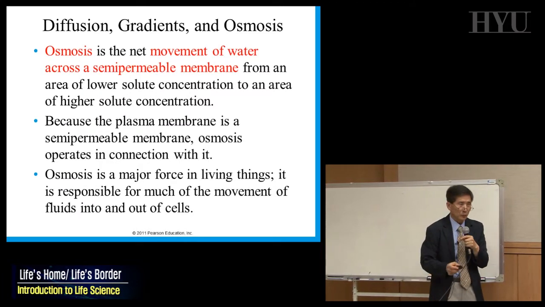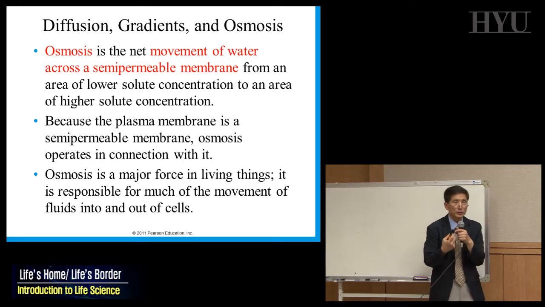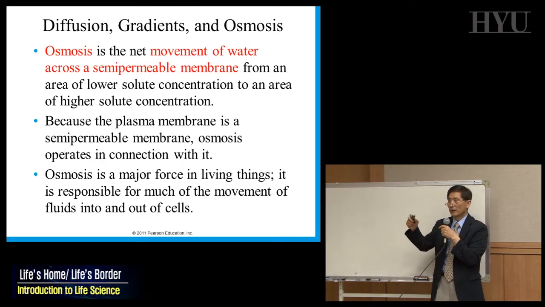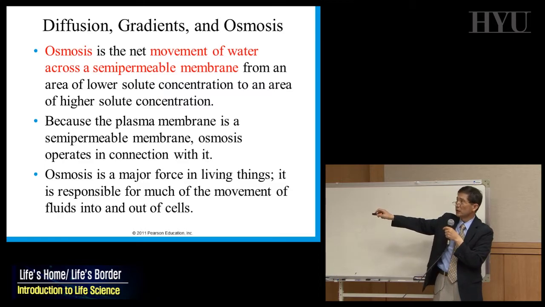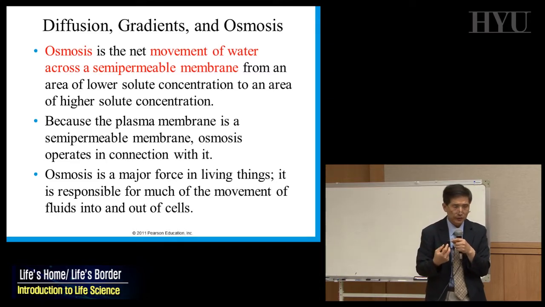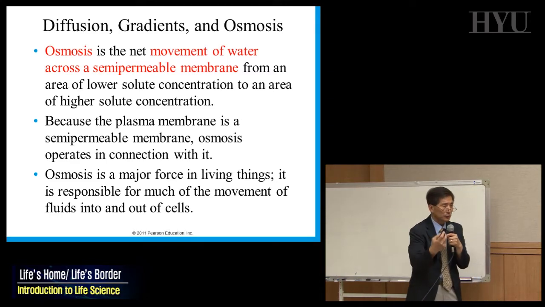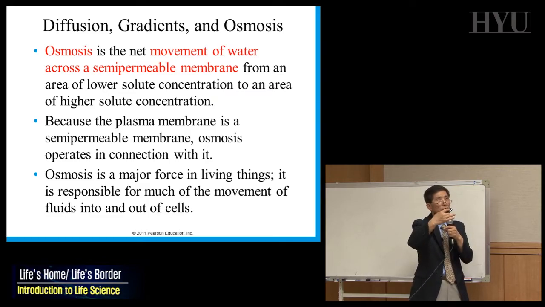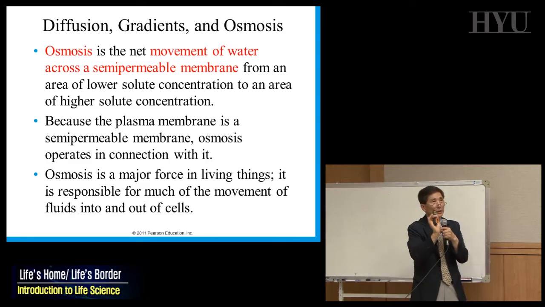So now, what is osmosis? Osmosis, 삼투 현상. Osmosis is the net movement of water across a semi-permeable membrane. In other words, osmosis happens in a certain condition where the membrane is semi-permeable. What does semi-permeable mean? Some can pass, some cannot pass.